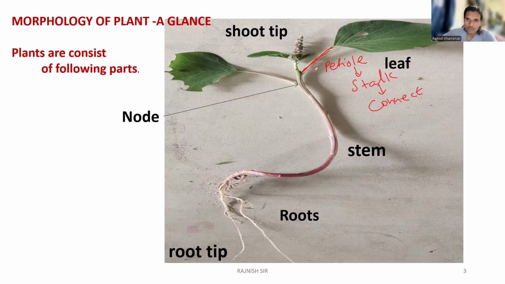Now, where the petiole is attached to the stem, that base portion is called the leaf base.